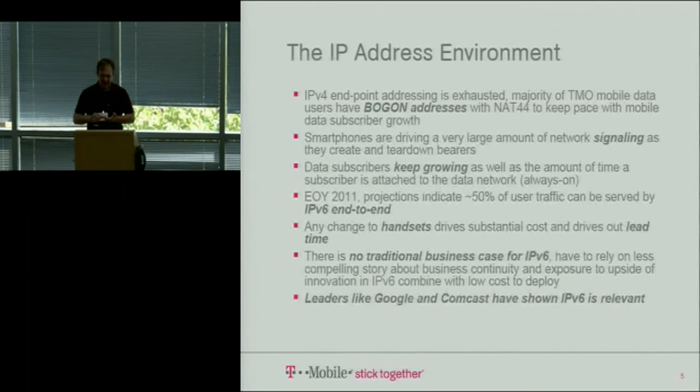I'll get to that in the next slide, but the address environment today is there's bogons, let's keep growing, need IPv6 end-to-end. I'm very optimistic about end of year 2011 that 50% of my traffic can be IPv6. That's because I send a whole lot of traffic to Google, and I send a lot of traffic to Facebook, and I send a lot of traffic to Yahoo.